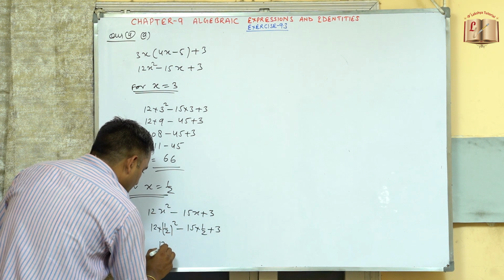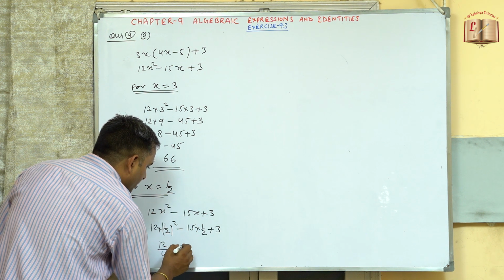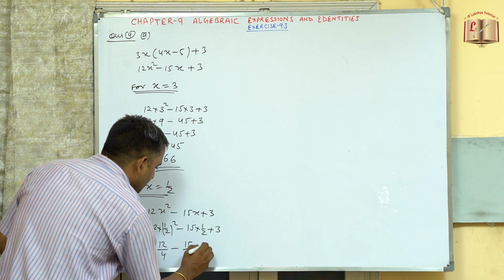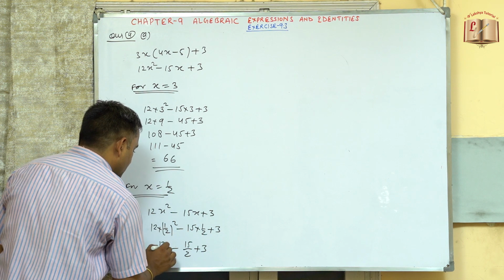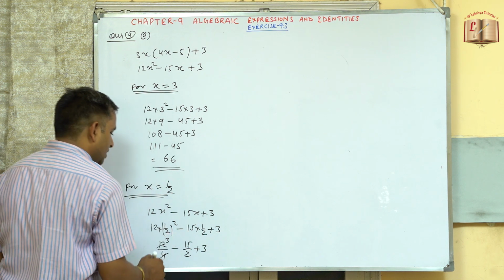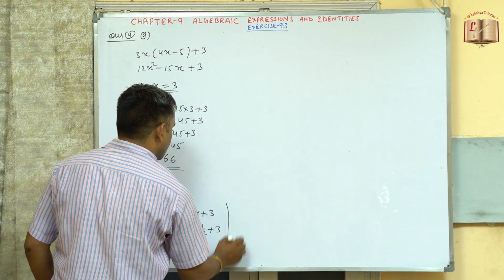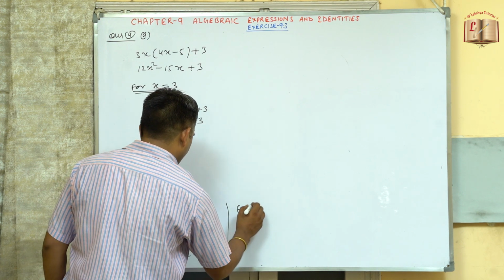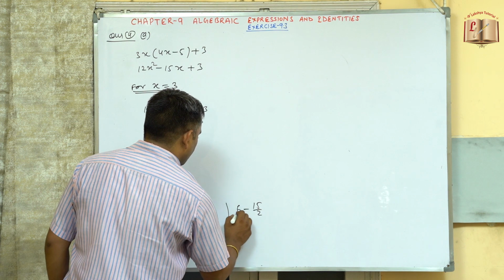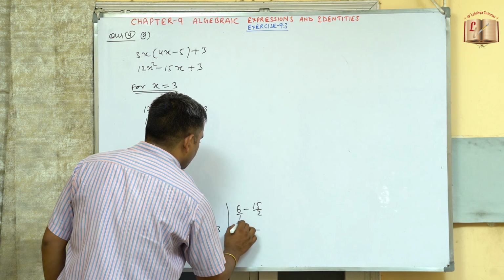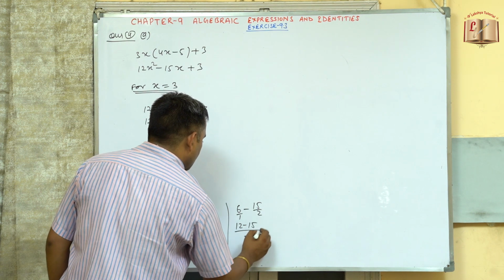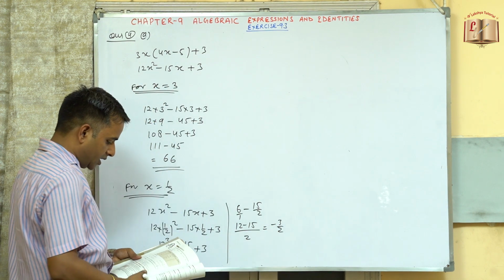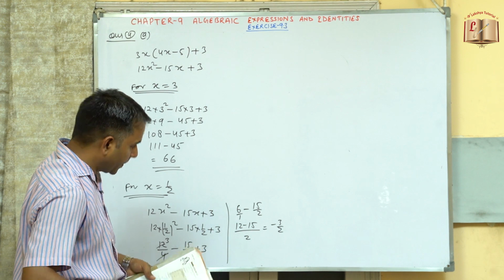So this is now 12 by 4 minus 15 by 2 plus 3. So this is 3, 3 plus 3 is 6, so this is 6 minus 15 by 2. Now we can subtract, so this will be 12 minus 15. So this is minus 3 by 2. So minus 3 by 2 is the answer for us.